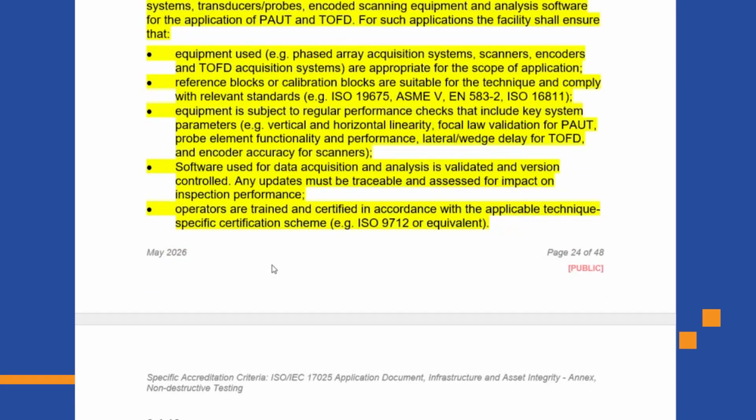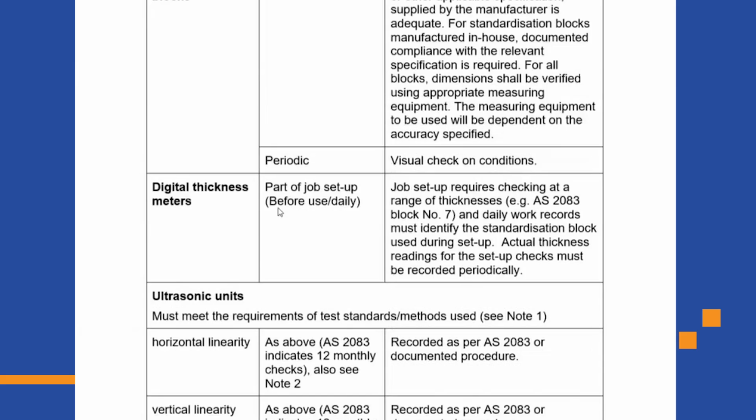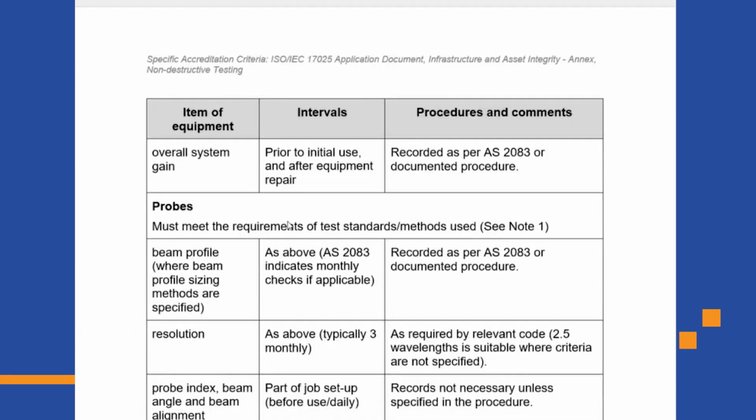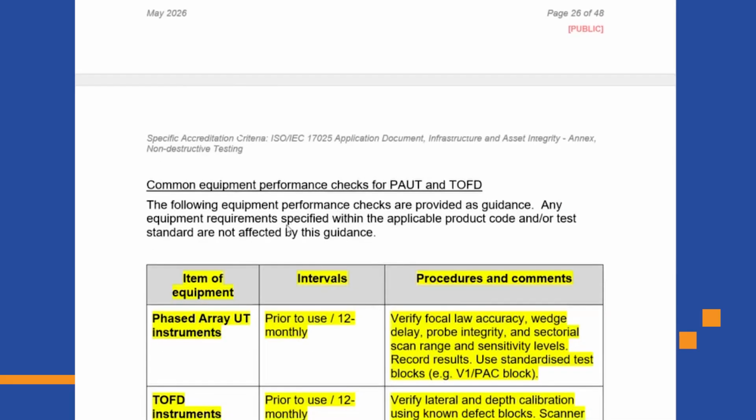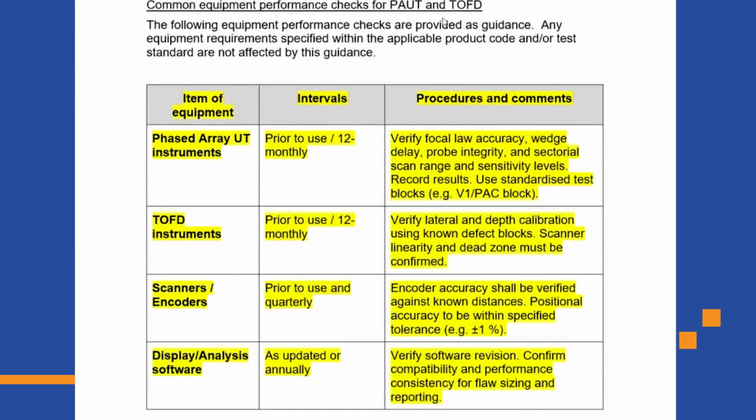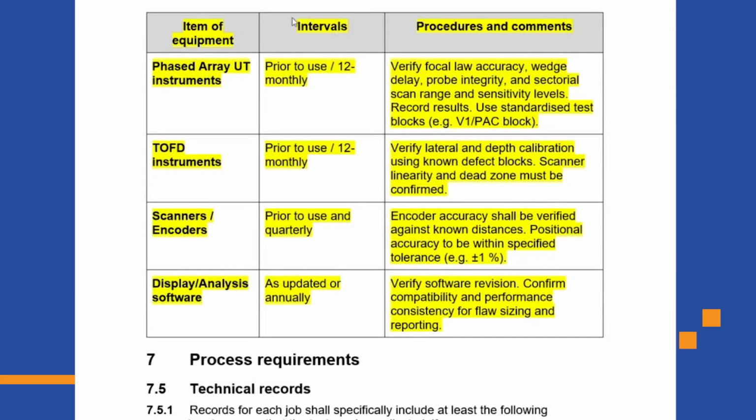So this is around UT equipment, and we actually included a new equipment table for performance checks on phased array and TOFD. As I mentioned, it's around the UT or TOFD instruments, scanners, encoders, and the analysis software that you use.